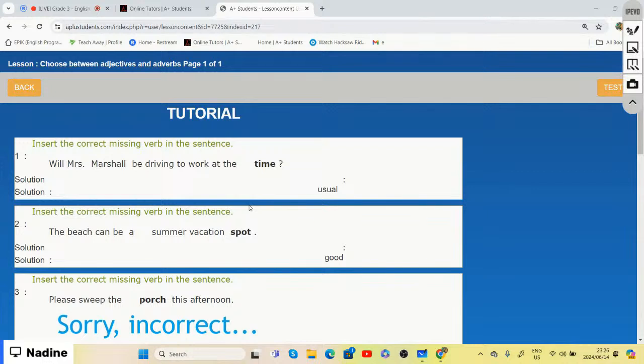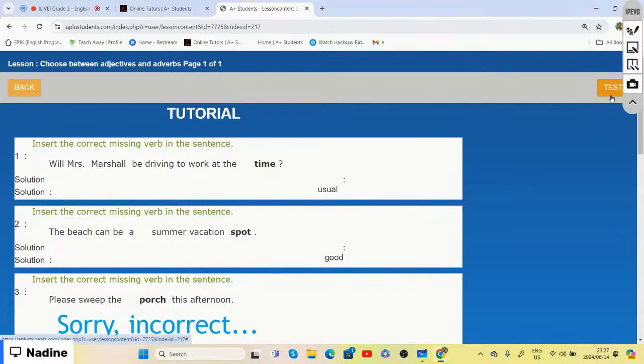So usual will be added before time. All right, and then they say the beach can be a good summer vacation spot.